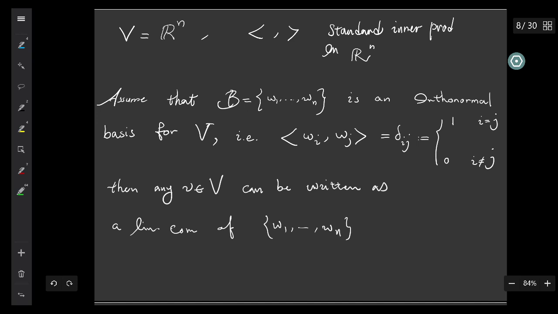So this means that there exist mu i in our field, which is R here, such that v is equal to mu1 W1 plus and so on, plus mu n Wn.